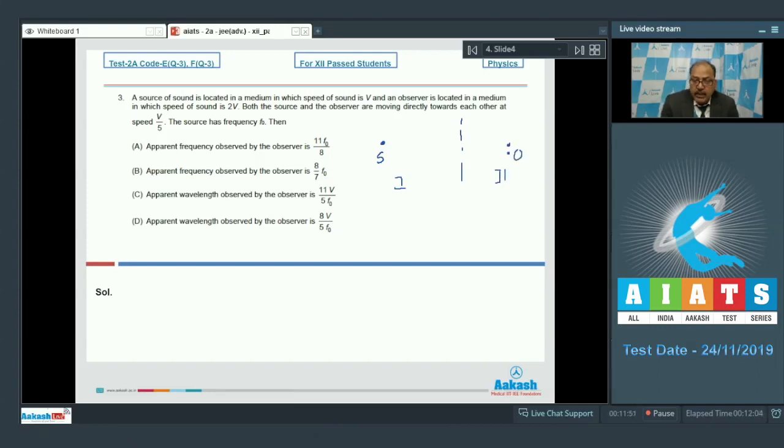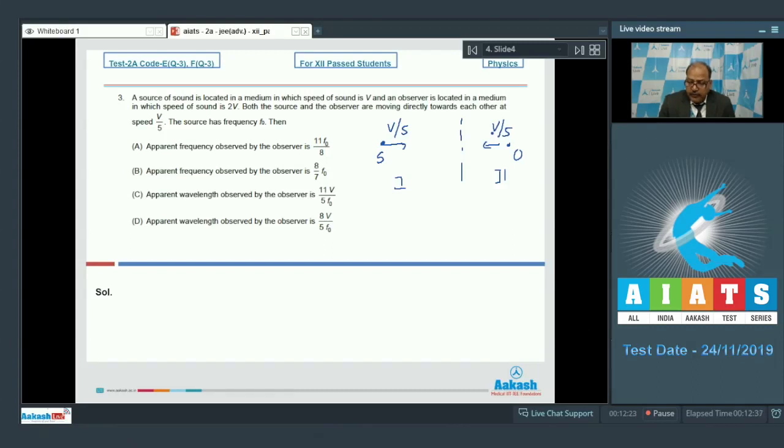According to the question, the source is moving towards the observer with speed v by 5. The observer is also moving towards the source with speed v by 5. Both are moving directly towards each other very clearly. And the frequency emitted by the source is f0. Now what about apparent frequency observed by the observer?